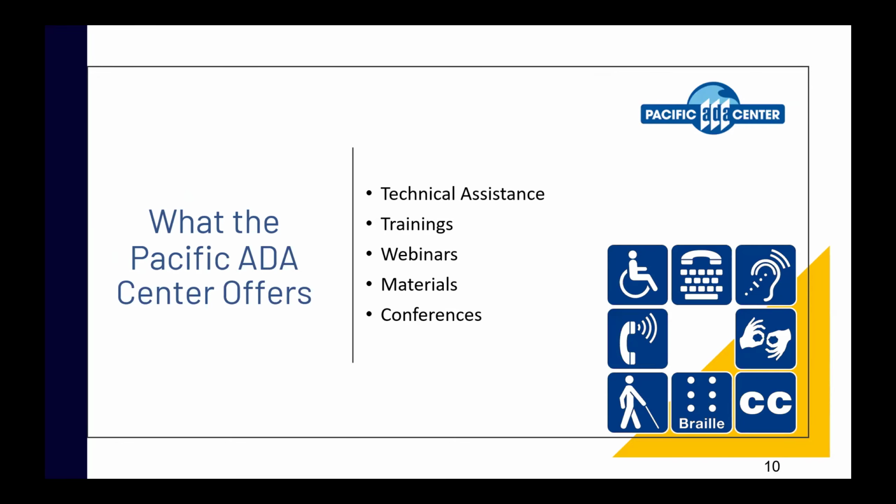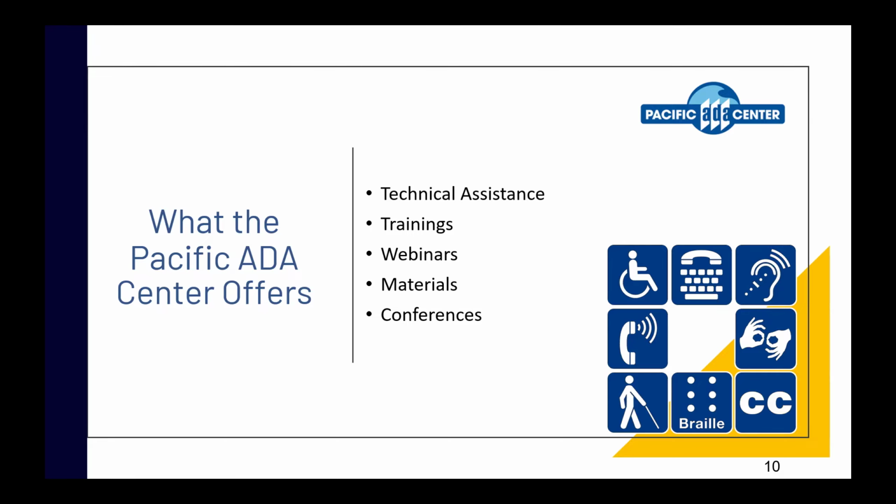Yes, Jan speaking. So the Pacific ADA Center offers technical assistance through email and phone, and you can get that from actual live people and not just AI, or artificial intelligence. We provide trainings, mostly remote trainings, but occasionally in-person trainings. We have webinars, a lot of them free, so that the disability community and nonprofit organizations can take advantage of them.